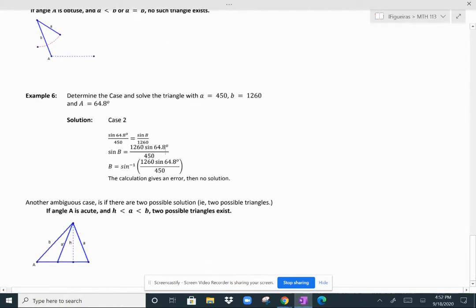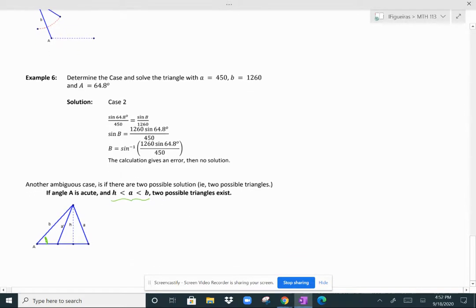Another ambiguous case is the possibility of two possible solutions. So depending on how things work out, there's actually two sets of answers. So that would be if angle A is acute, meaning less than 90, and your height is less than side a, which is less than side b, then two possible triangles can exist.